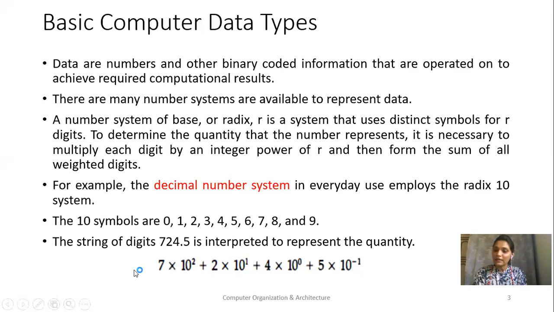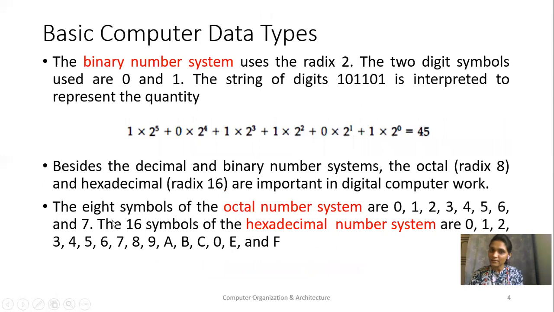If we consider a binary number system that has a radix 2, that means it has only two symbols, 0 and 1, to represent any number.